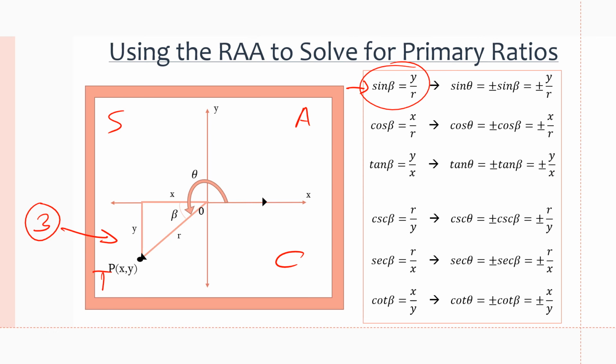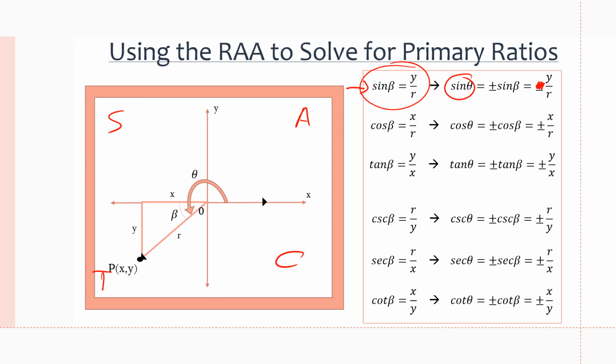That also means that the sine and cosine ratios will be negative, so sine of our principal angle is going to be negative sine of beta. So sine of our principal angle is going to be negative y over r, because we are in the third quadrant.